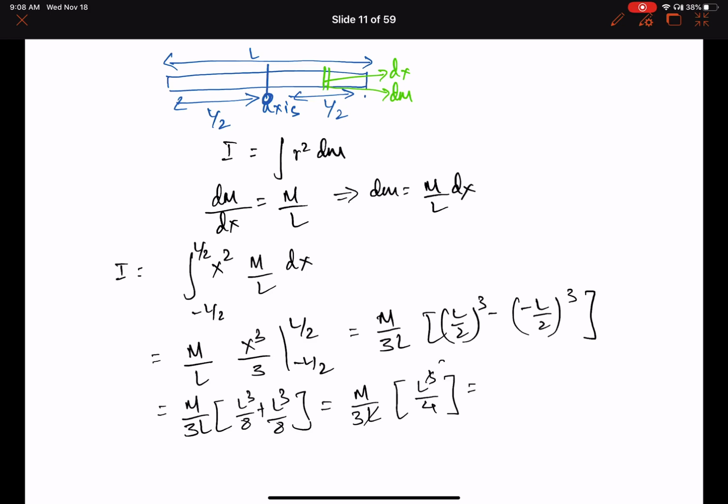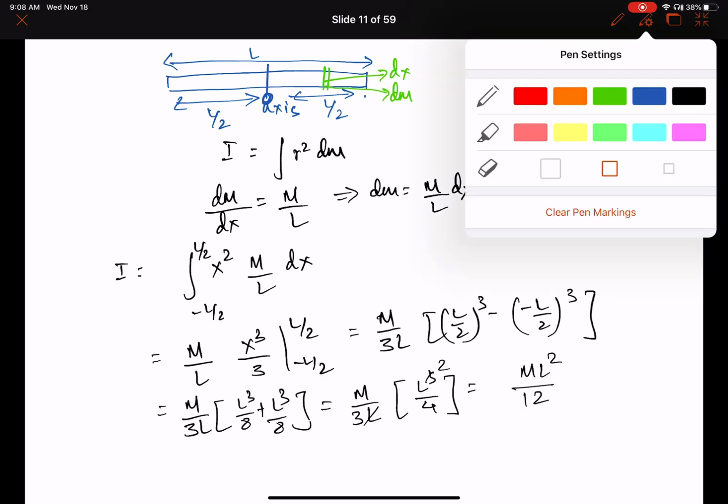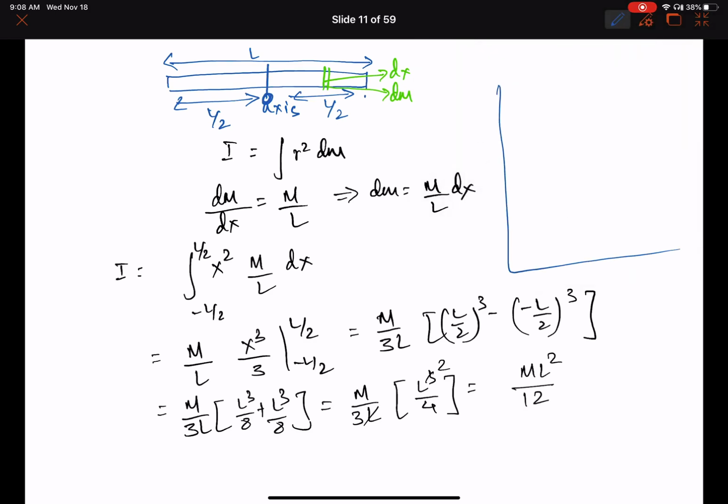Four. This becomes squared, so mL squared over 12. Okay, I equals I through the center of mass of that rod, which was mL squared over 12.